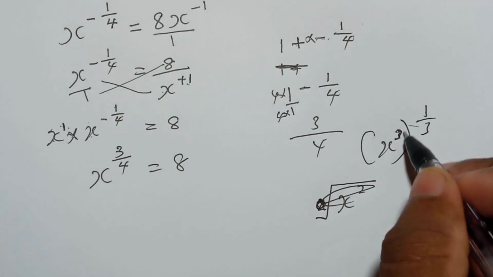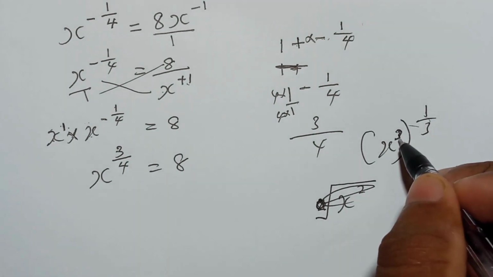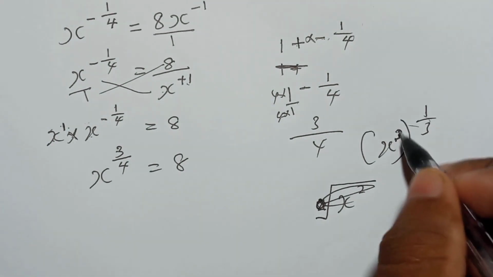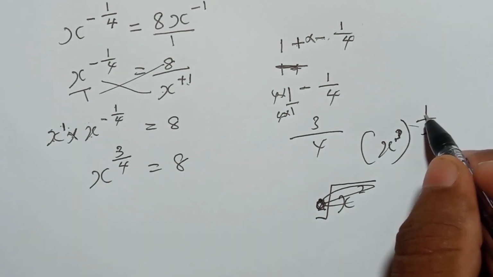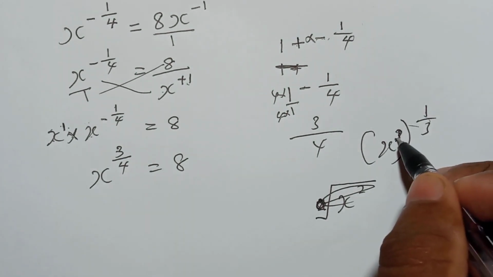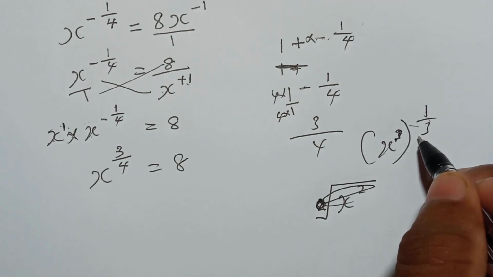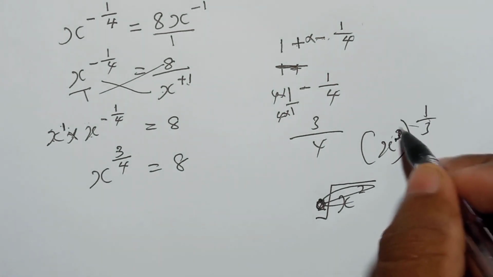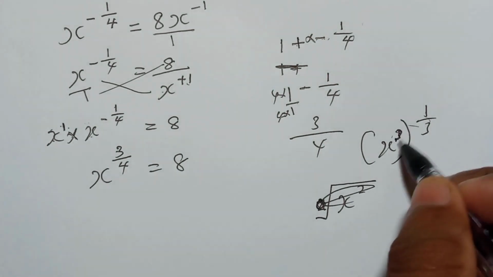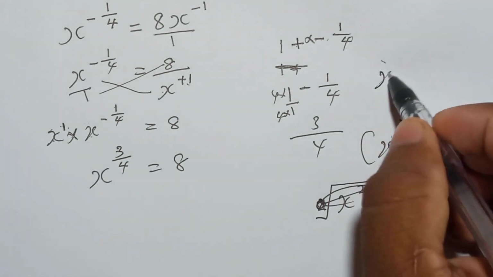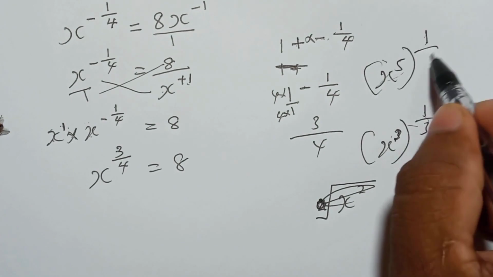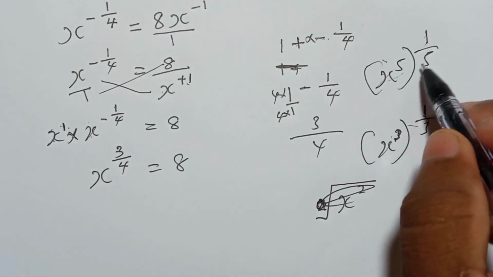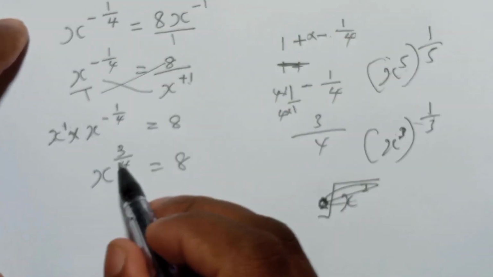To make this index 1, we multiply with the reciprocal, so 3 becomes 1 over 3. For example, with 5, if we need to remove it, we can put 1 over 5, like that.